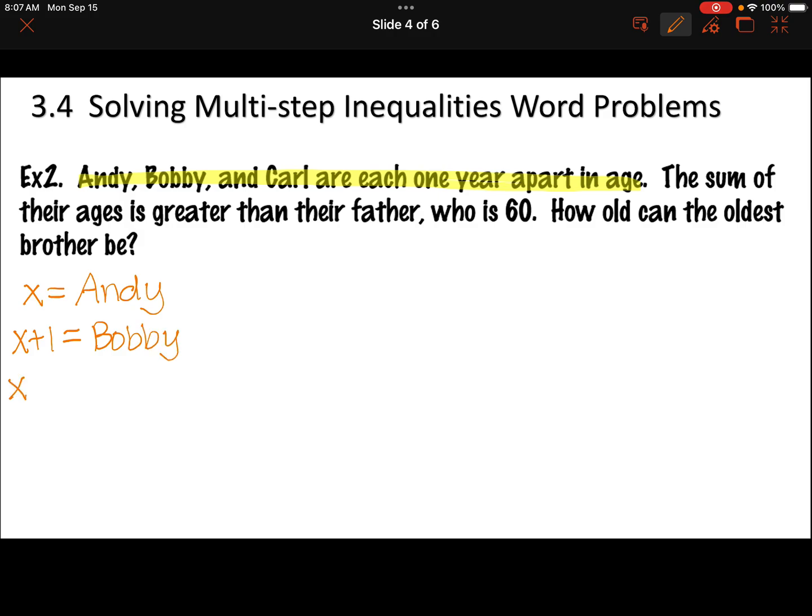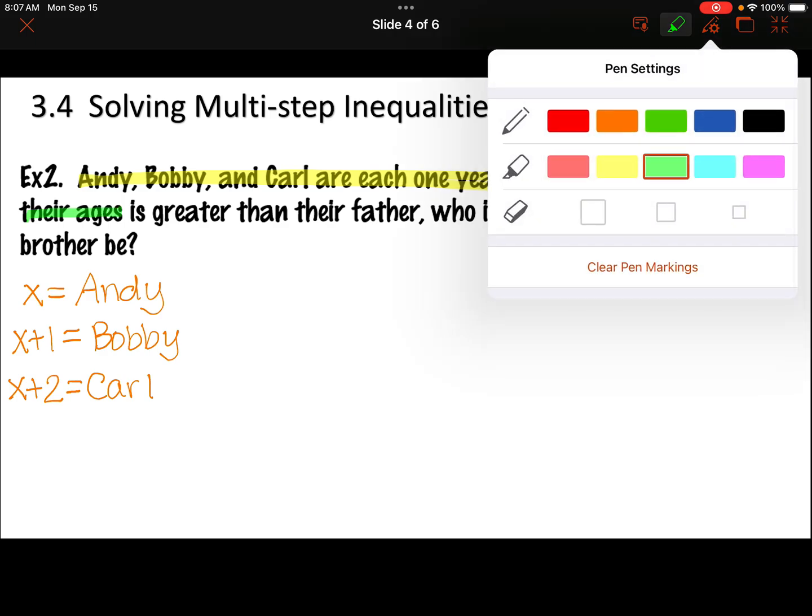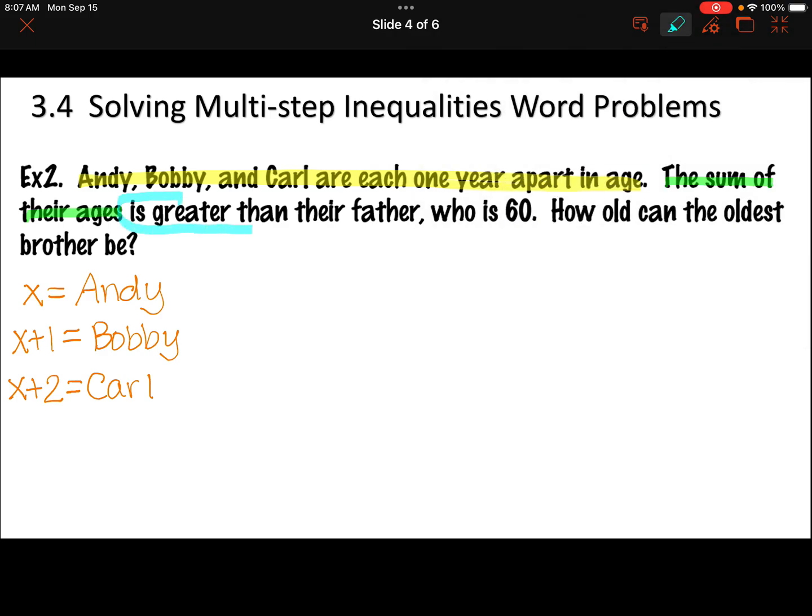And we're going to say x plus 2 is Carl. And then it says the sum of their ages is greater than, and right there is the symbol we're going to be using, their father who is 60.